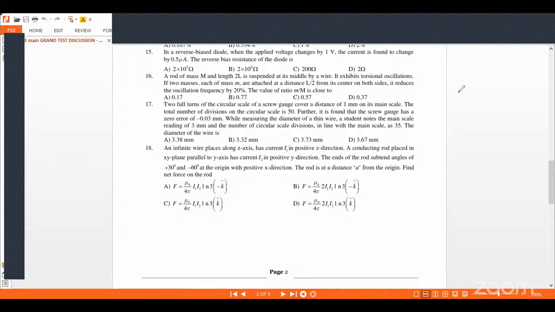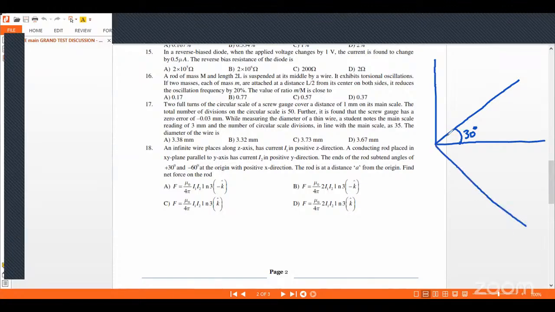Suppose we have one wire at an angle of 30 degrees and another at minus 60 degrees. A current I is flowing in the wire.